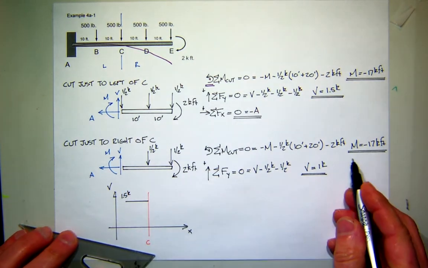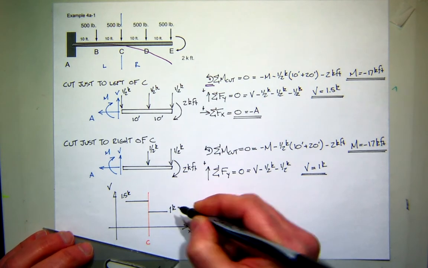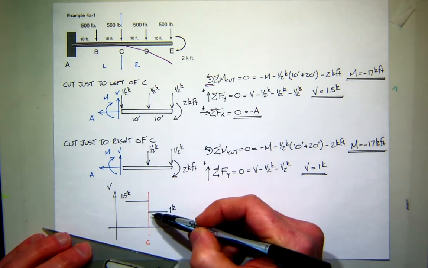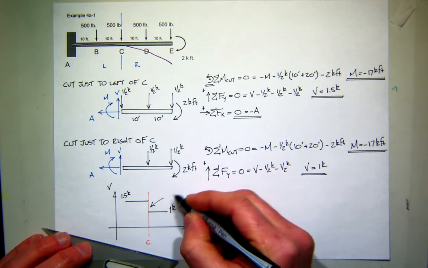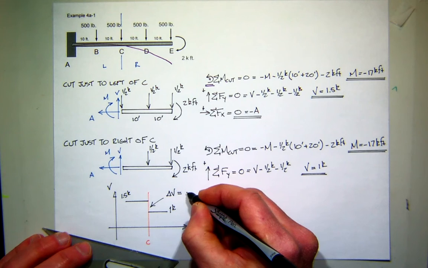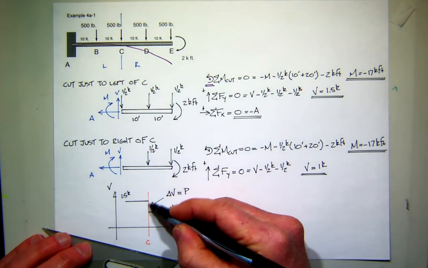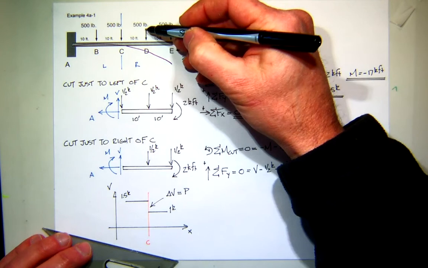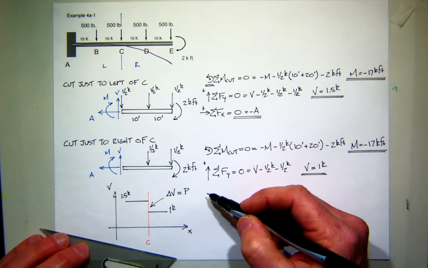And then on the right side, it's 1. So the plot of shear has a step in it. And that step, the change in shear, is exactly equal to what? The force P. And why is it a negative change? Well, a force acting down with my sign convention is a negative force.